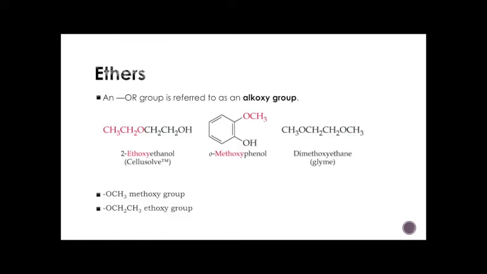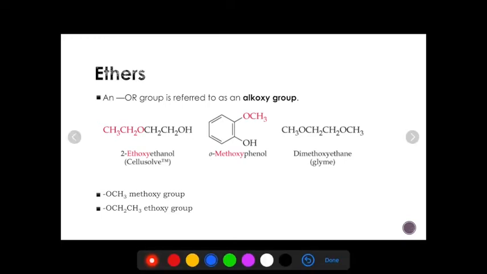If the group doesn't have a simple name, the compound can be named as an alkoxy derivative. So the alkoxy derivative is right here. OCH3 is called methoxy. OCH2CH3 is called ethoxy. So for example, over here, I actually have an alcohol, I have this OH group.